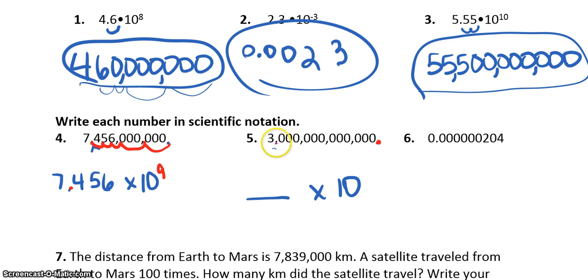In between this 3 and 0 would make 3.0. So that's what I want. I want it to be 3.0 or just 3. You could have either 3 or 3.0. And now go back and count. How many places did we move it? 3, 6, 9, 12. So 3 times 10 to the 12th power.